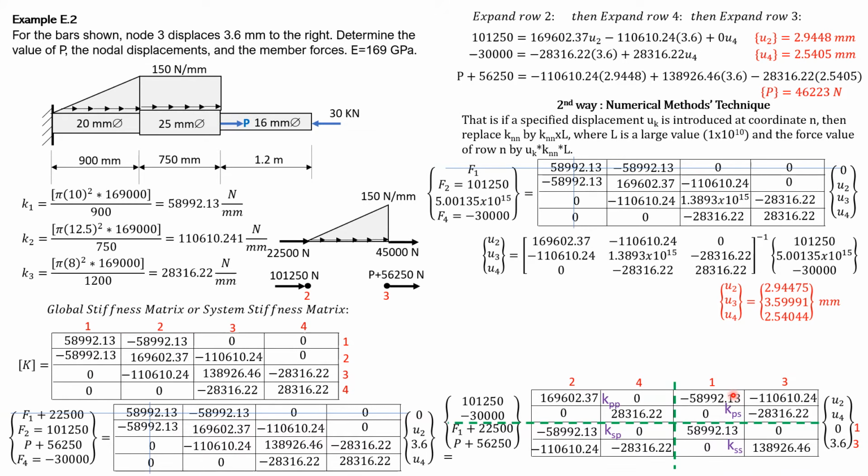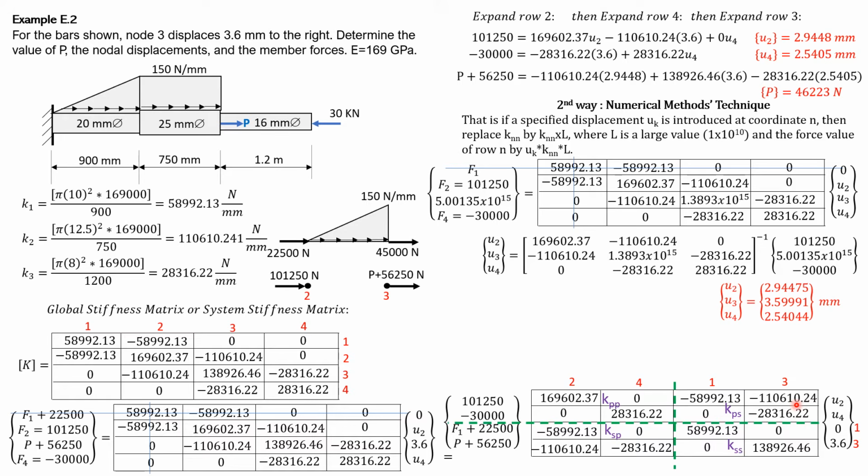So that's why we have negative 58,992.13. Same goes for row 1, column 2, which is this. So they are equal. Then this is row 2, column 3, negative 110,610.24.